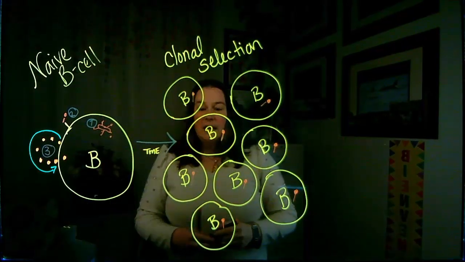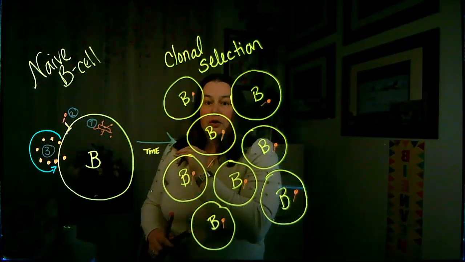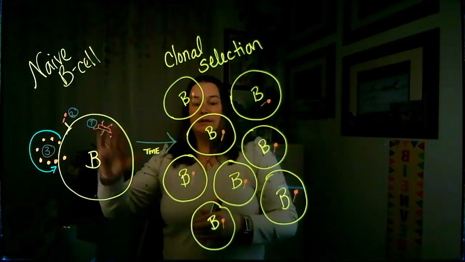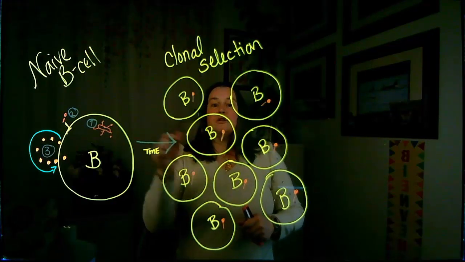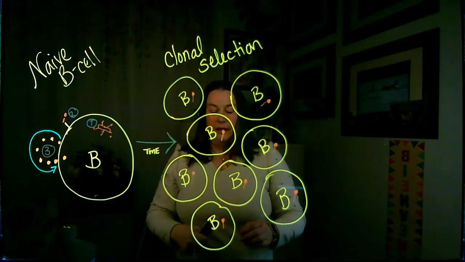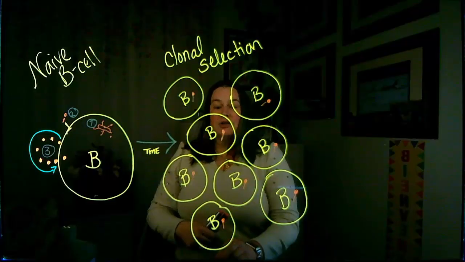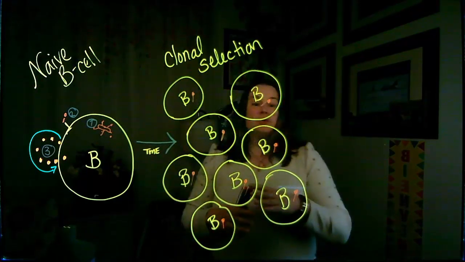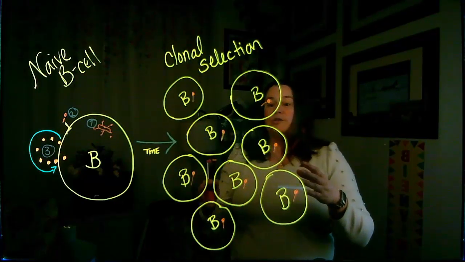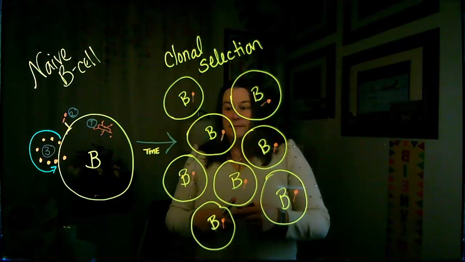But when a B cell eats a little molecule, presents it on its surface, does a little autocrine signaling to self-stimulate, and determines that it's dangerous, that's when clonal selection is going to hit. And when clonal selection hits, the next step then is to start to utilize these cells for two different effects.